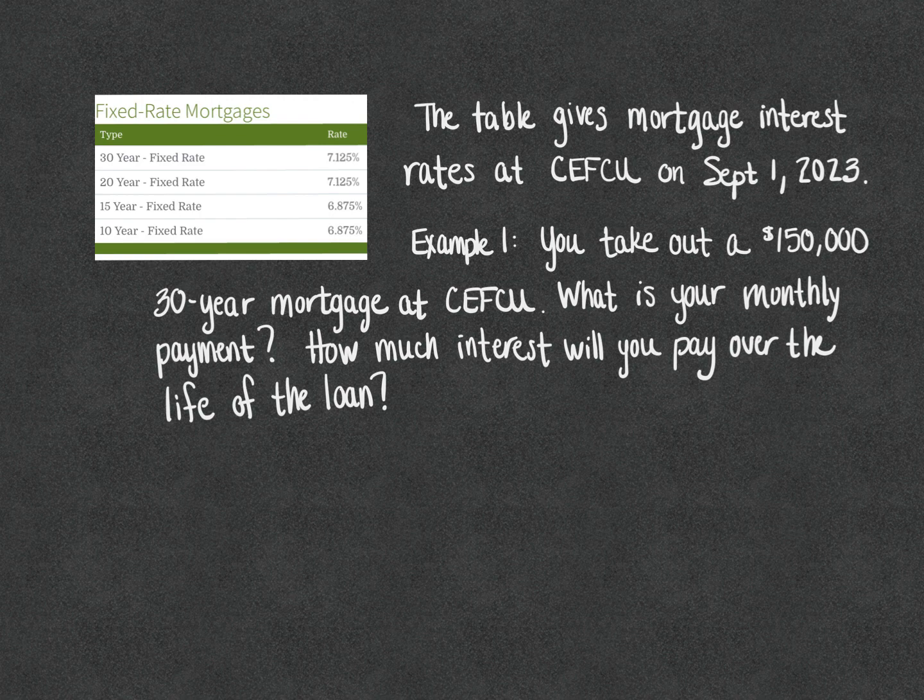Again, our formula is principal equals our regular monthly payment times 1 minus 1 plus R over N to the negative NT power, all over R over N. Our principal in this case is the $150,000 we are borrowing.